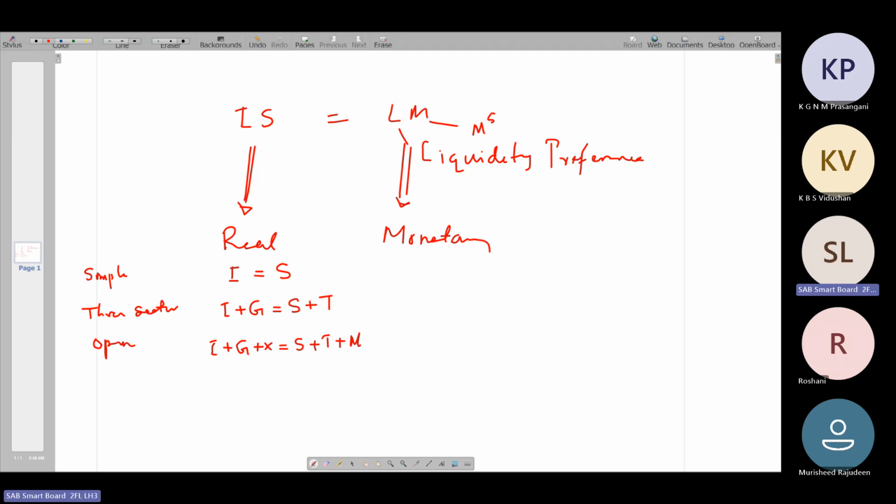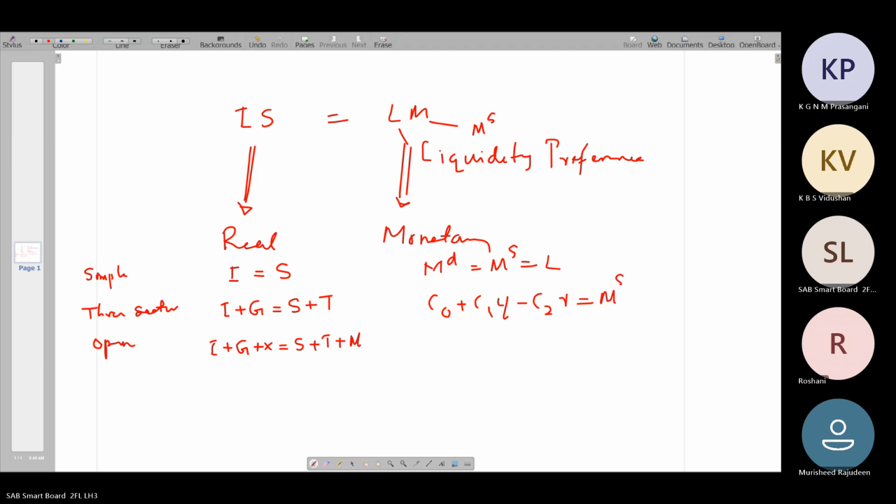The monetary sector equilibrium means money demand equals money supply. That is the condition, or liquidity preference. So our money demand function, C0 plus C1Y minus C2R, we can set equal to the money supply. That is the equilibrium.